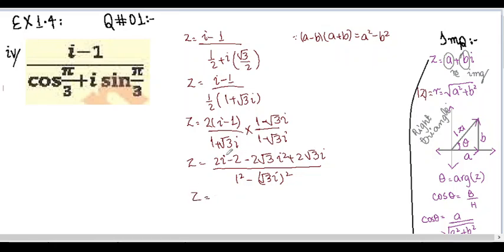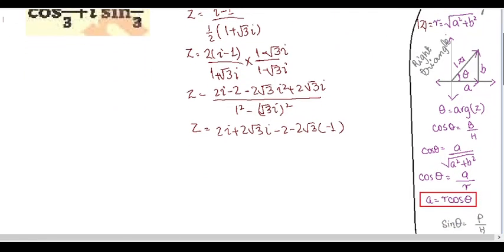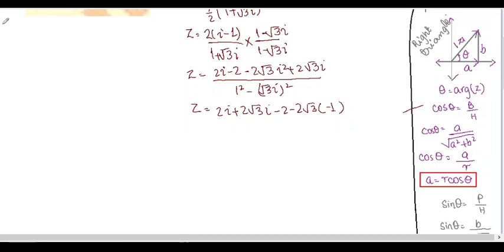Z equals 2 iota plus 2 square root of 3 iota minus 2 square root of 3 into iota square, which is minus 1. So now it becomes, whole divided by 1 square is 1, minus square root of 3 square gives us 3, and iota square gives us minus 1.